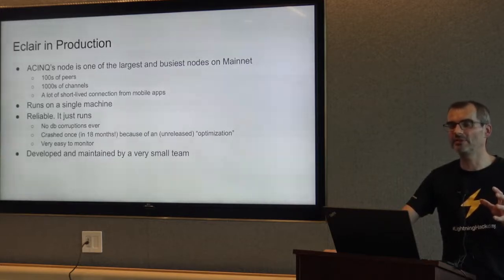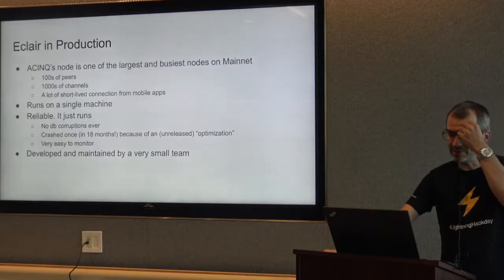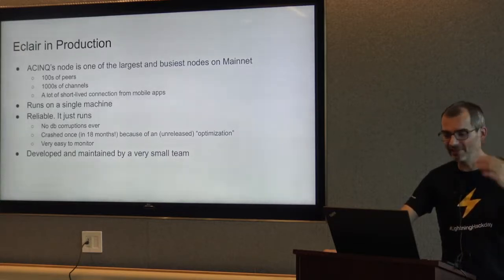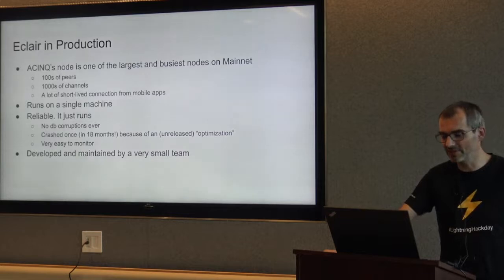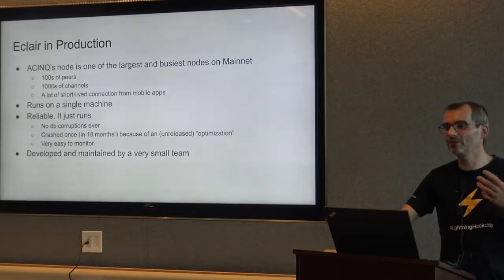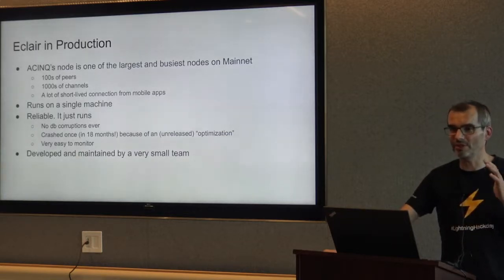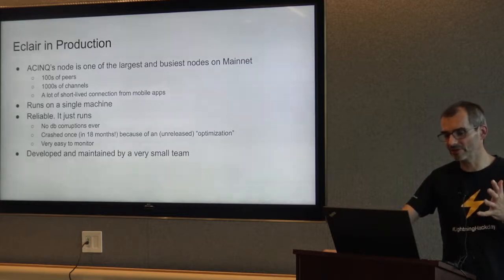And we decided, okay, maybe we could improve this. One of the optimizations was actually not too good, and it didn't really crash, but it stopped working, which is more or less the same. We had to kill it and roll back the changes. But until a few weeks ago, it had never crashed once in 18 months in production.